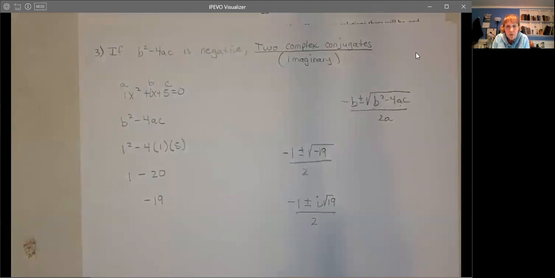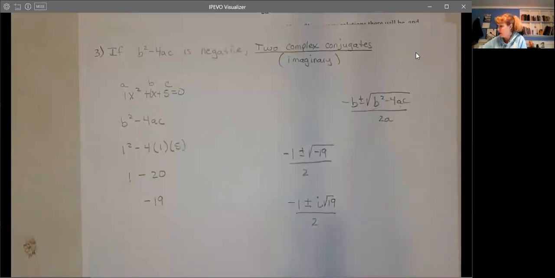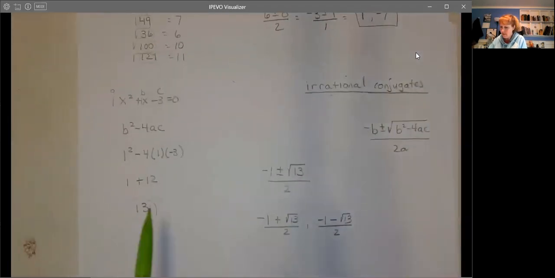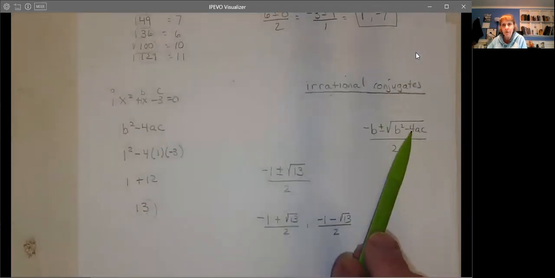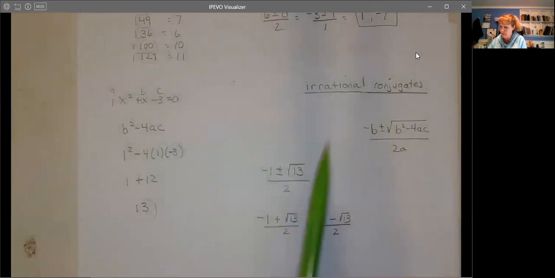Well, let's go through a few more examples, and I'm hoping that when you think about putting this discriminant back in, it helps you realize why you have imaginary, why you have complex. When you put the discriminant back in under a radical, why the radical stays, which makes it irrational conjugate, a positive 13.